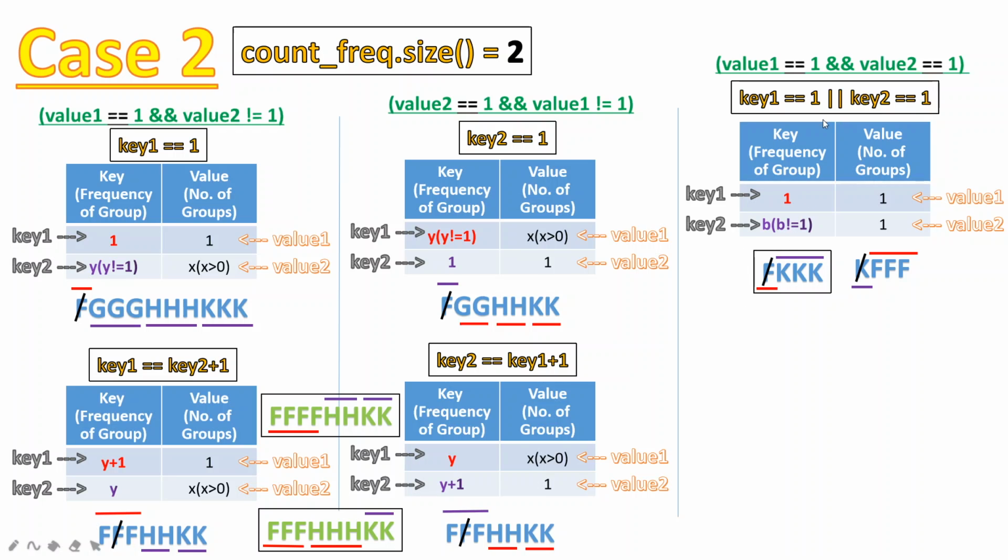So if key 1 is equal to 1, then this satisfies. If key 2 is equal to 1, then this satisfies. If key 1 is equal to 1, it's similar to this condition. If key 2 is equal to 1, it's similar to this condition. So that's what goes on.